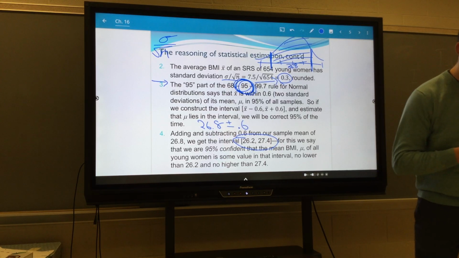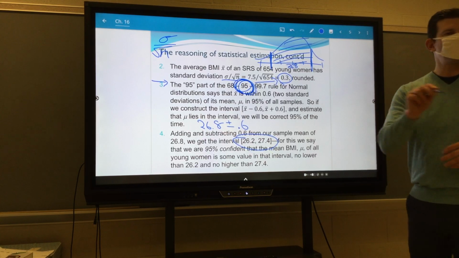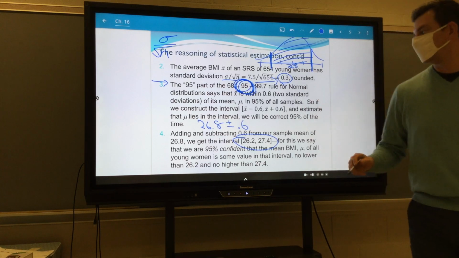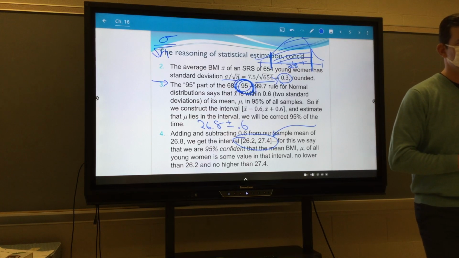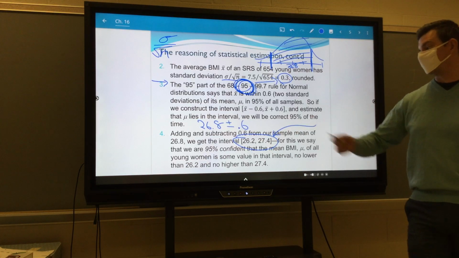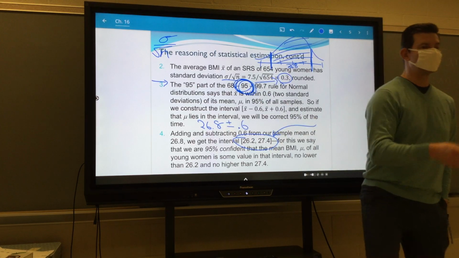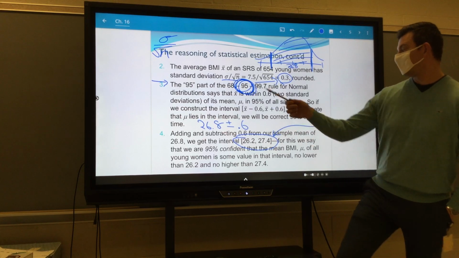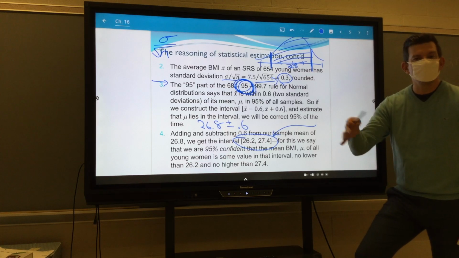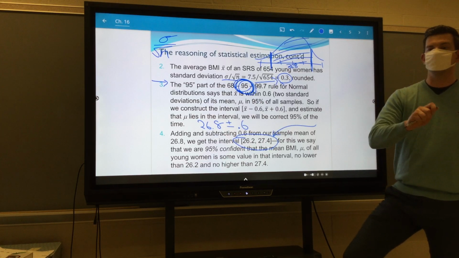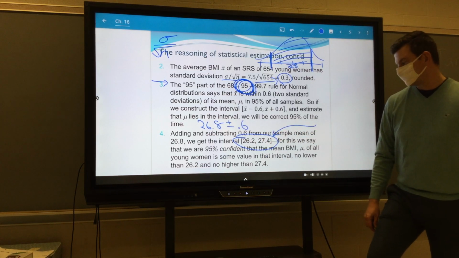Essentially what's happening, we are 95% sure that that true population mean is going to be between these 2 numbers. Our sample mean was 26.8. Maybe the 20 million people who are in this category, maybe they actually do have a mean of 26.8. But there's some natural variation. We would expect that that population's mean is going to be pretty close to that, but at least between 26.2 and 27.4.